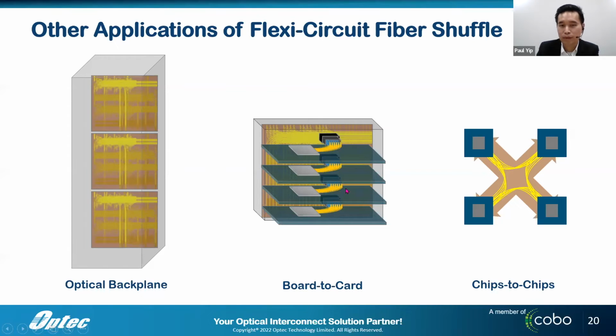We can do this as well using the flexi circuit fiber shuffles. And chip to chip. The good thing about co-packaged optics is getting size smaller and smaller, so can we use one or more chips in the future on one PCB or in one system? Hopefully flexi circuit is enabling all these kinds of designs in the future.